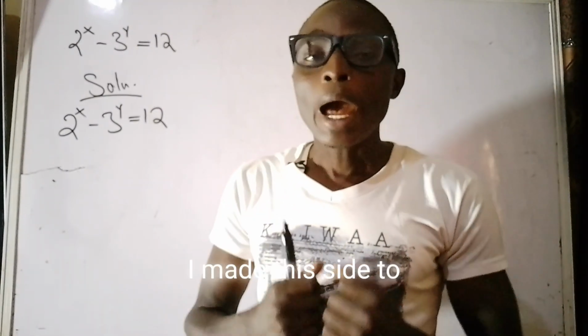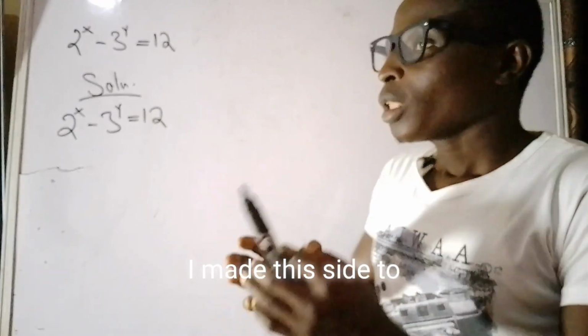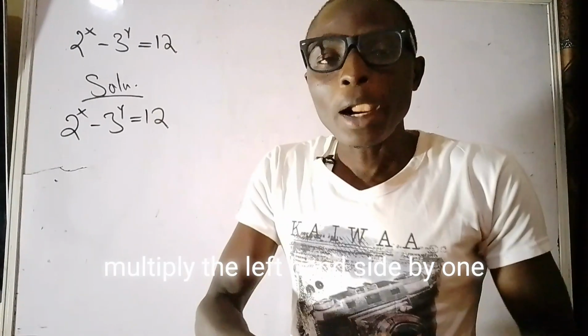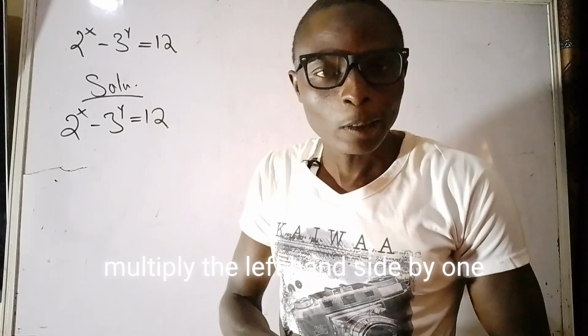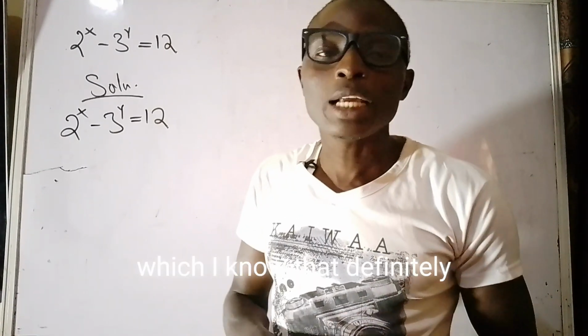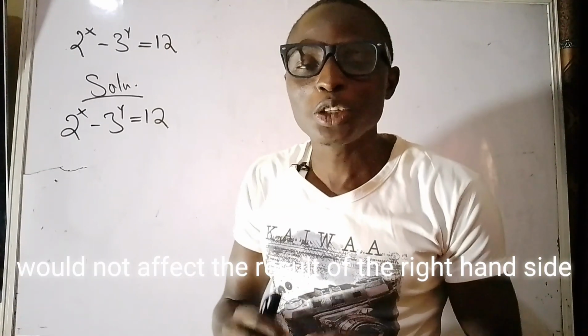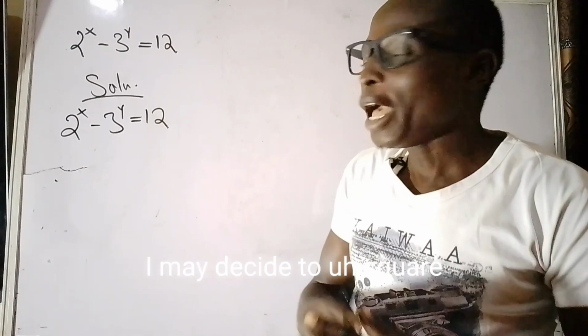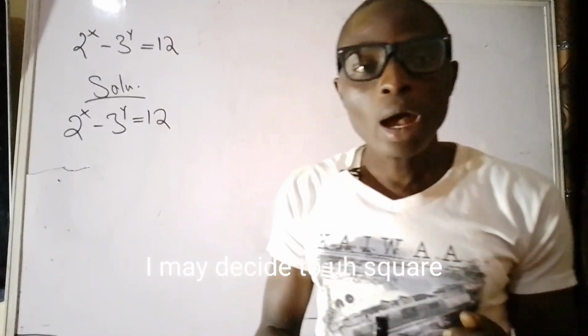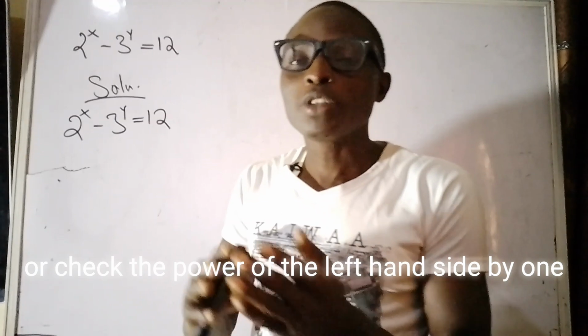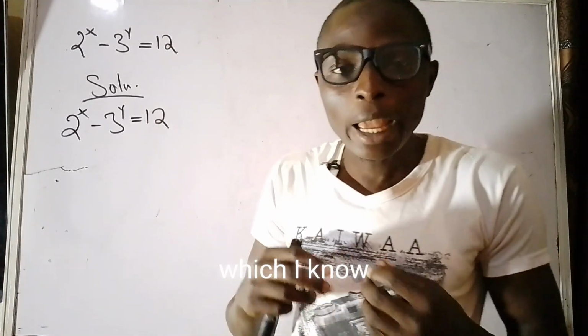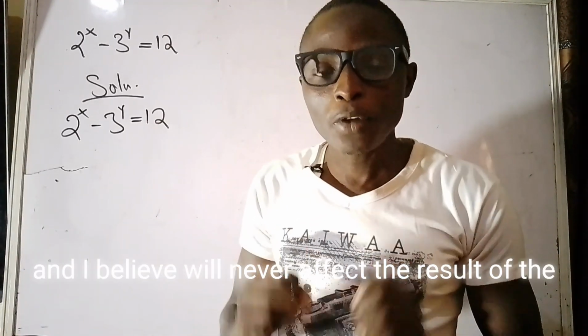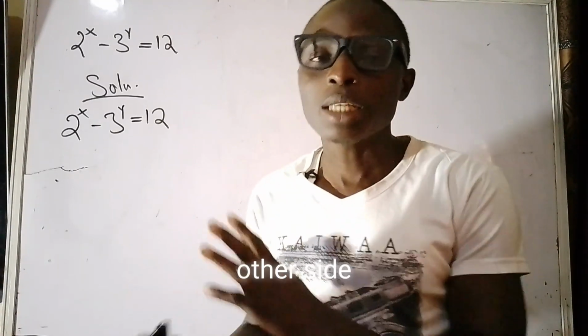For example, I may decide to multiply the left hand side by 1, which definitely will not affect the result of the right hand side. I may decide to take the power of the left hand side by 1, which I believe will never affect the result of the other side.